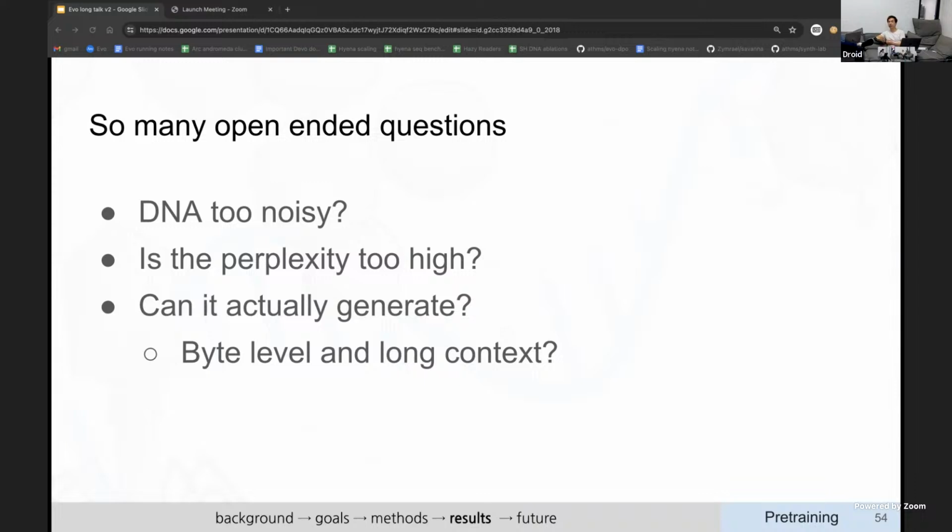The perplexity that we see during pre-training is actually quite high, for example, and we tokenize at the byte level as well, and have long context. So we're just throwing all these constraints or requirements that are quite tricky, even in other domains or even large models that we've seen elsewhere.